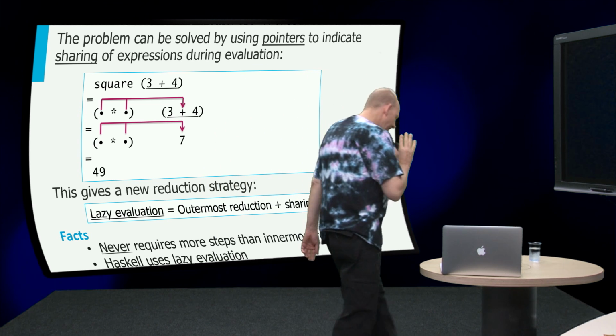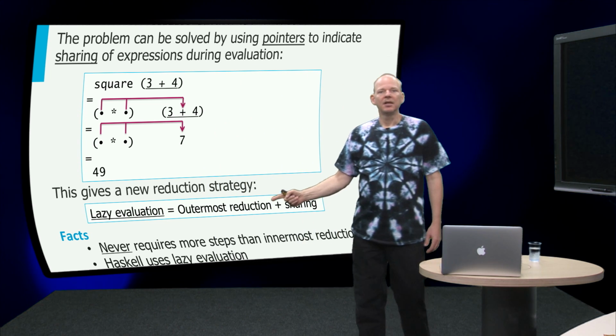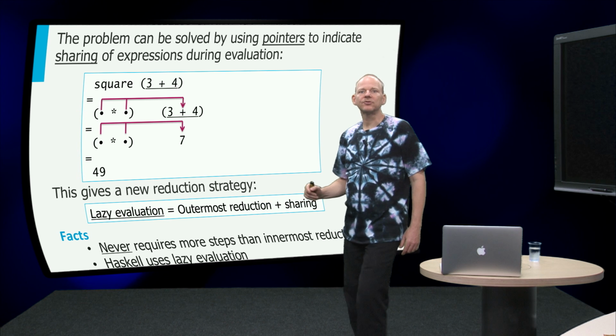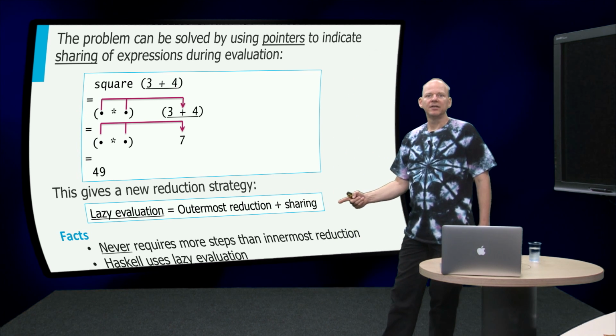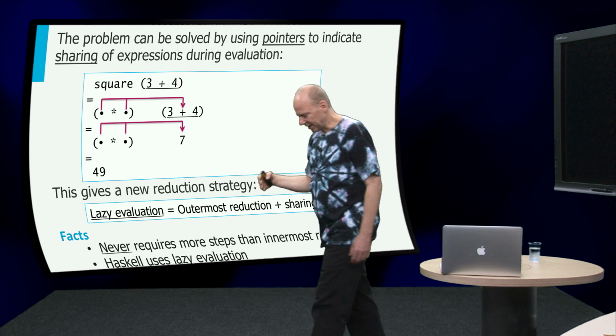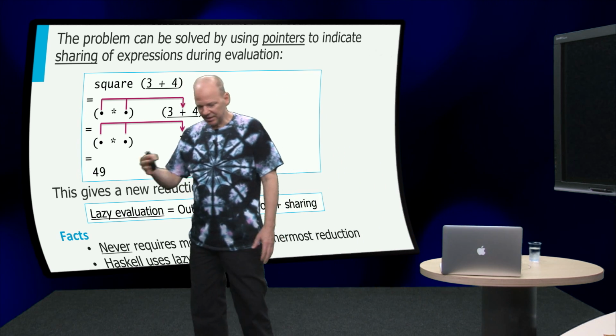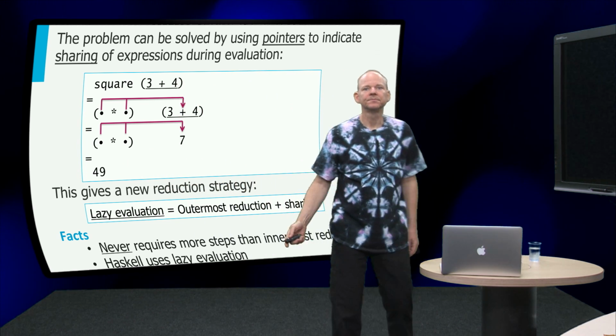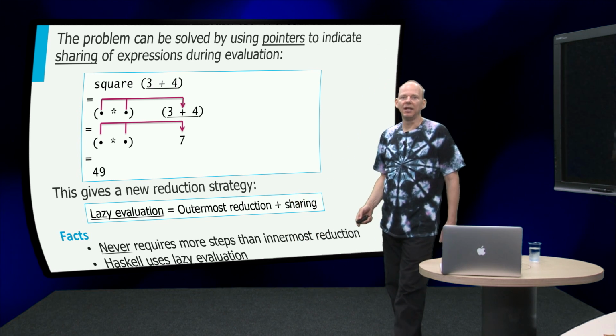All right? And that's what lazy evaluation is. Lazy evaluation is outermost reduction plus sharing. So lazy evaluation is like having your cake and eating it too. And Haskell uses lazy evaluation.